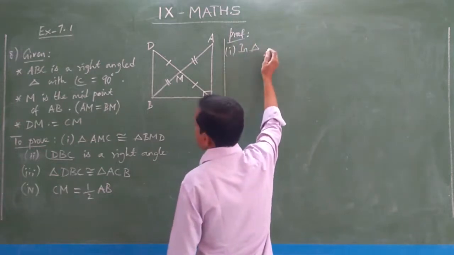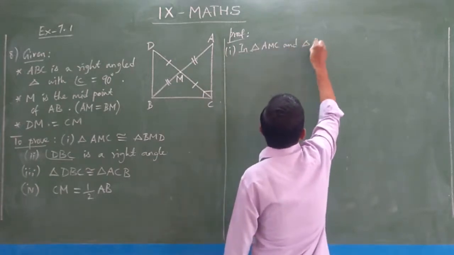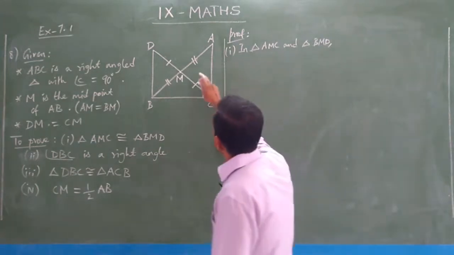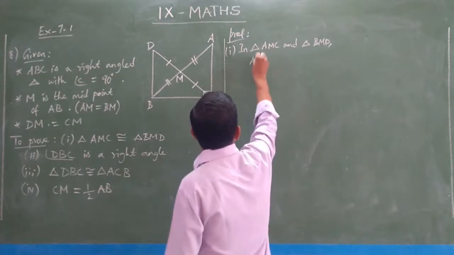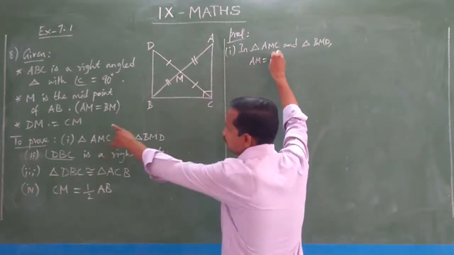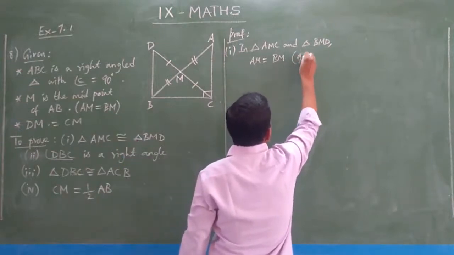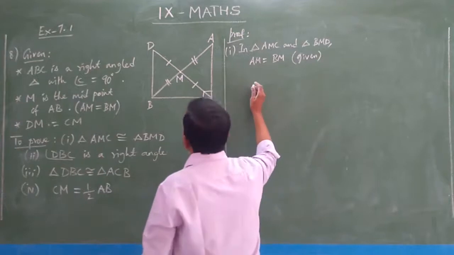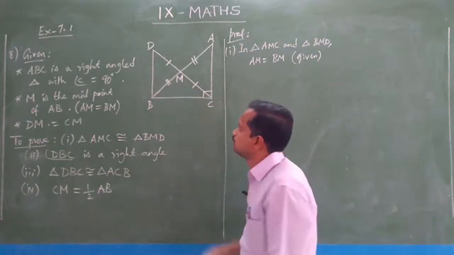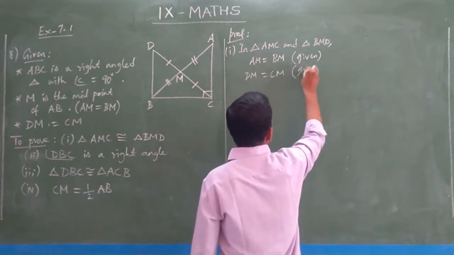In triangle AMC and BMD, AM is equal to BM, that is given. The same way, DM equals CM, that is given.